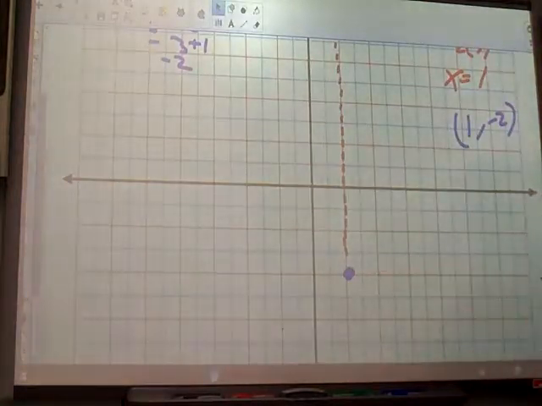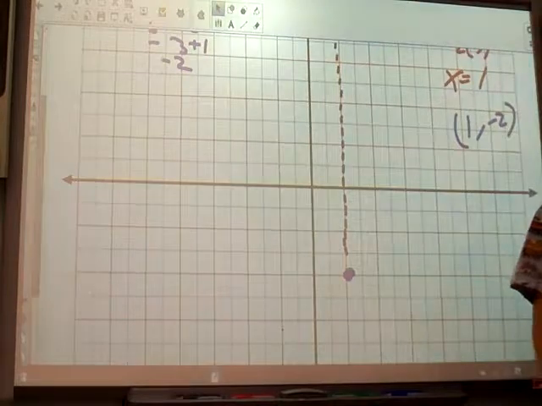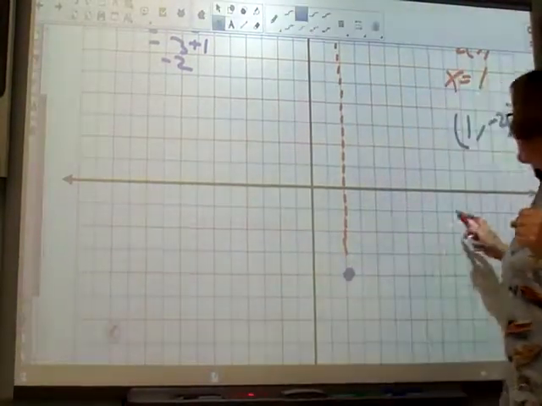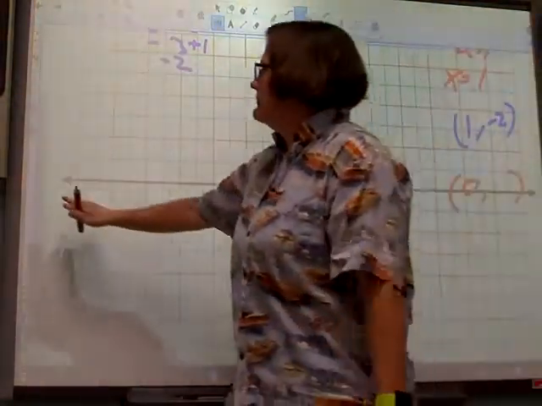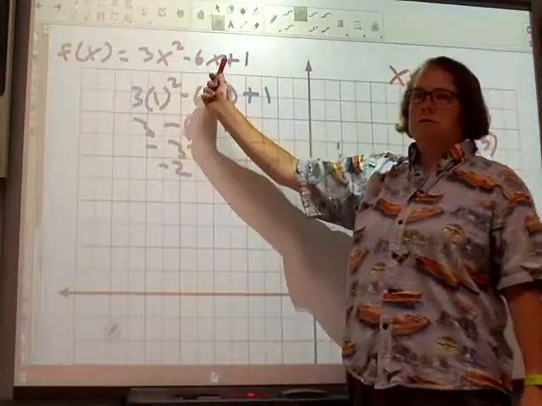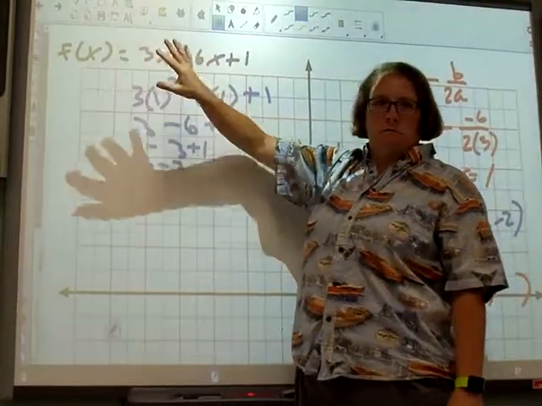Okay, so I just need to plug in another point somewhere close. This is where I'm going to grab hold of my favorite number, 0. So I'm going to plug a 0 in, and you're going to love this as much as I do. Check this out. When you plug a 0 in for both of those x's, that's 0 now, right?